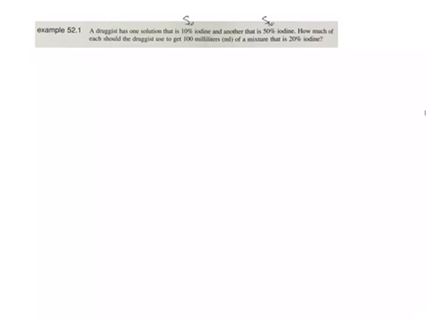To get my first equation, I'm going to multiply this as a percent, so 0.1 times my first solution plus 0.5 times my second solution, and that should equal 0.2 of my total amount of solution, which is 100.